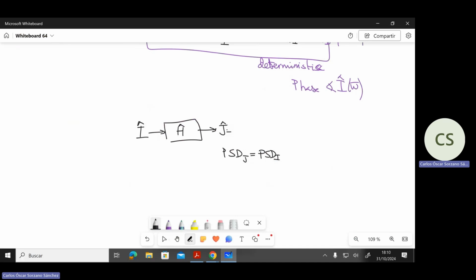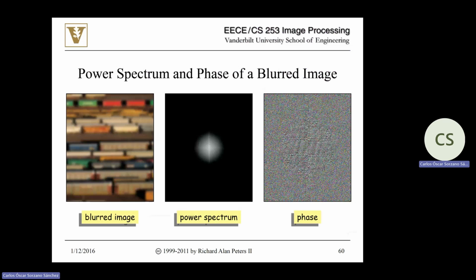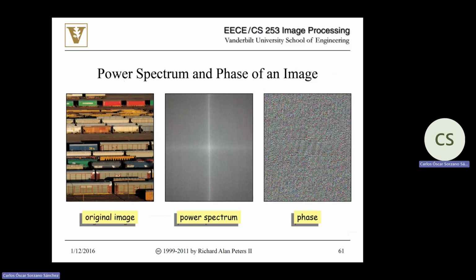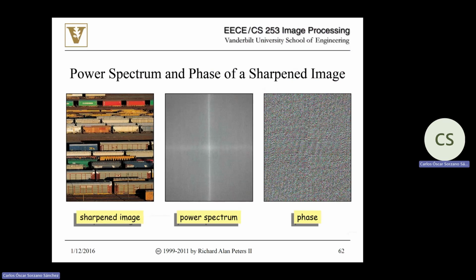I'm not using arguments; it is understood that it is in frequency space. This is the general result of systems. So this is what we are seeing here: we have an original power spectrum, and then we are multiplying by H squared. Then this is the original phase.